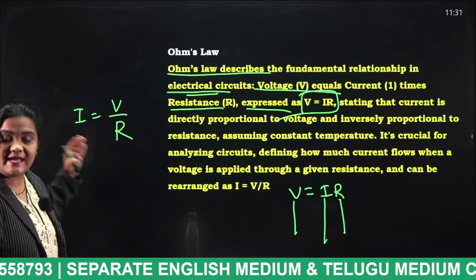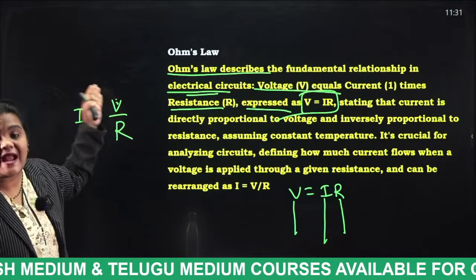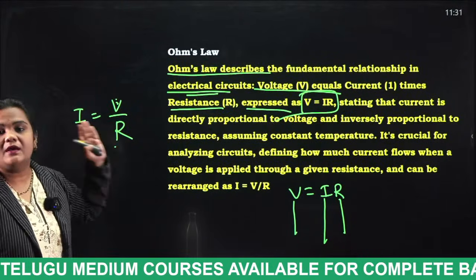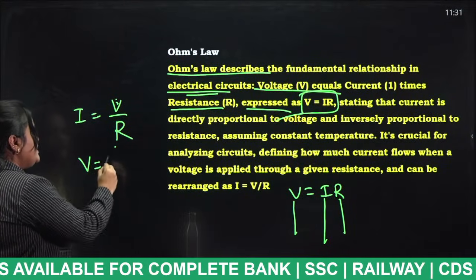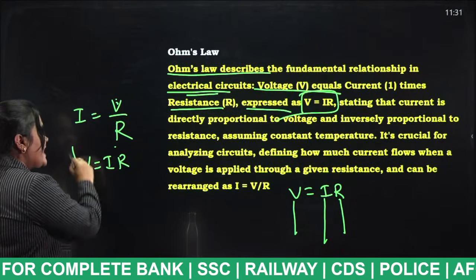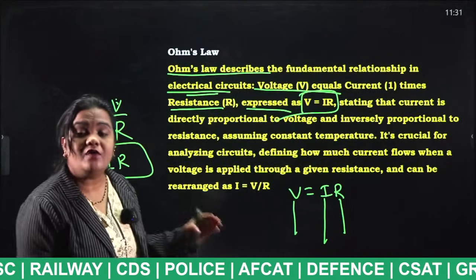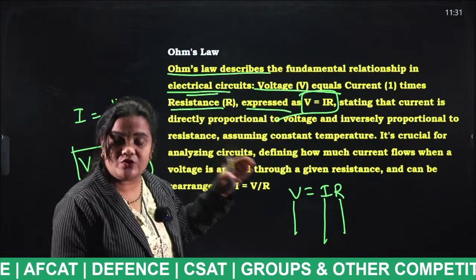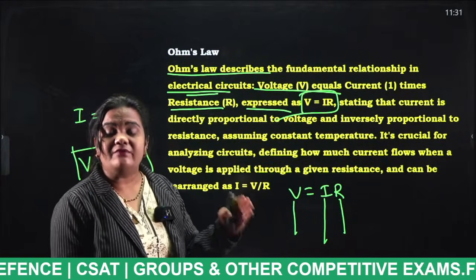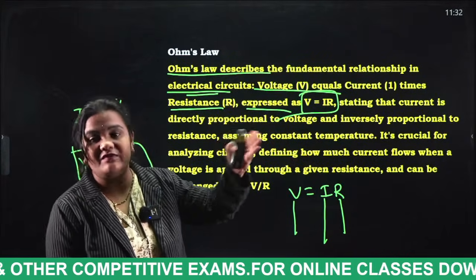By this we can say that current is always directly proportional to the voltage and inversely proportional to the resistance. From this equation we can write V is equal to IR, and this is considered as Ohm's law. That means if the voltage is high, electricity generation will be high.